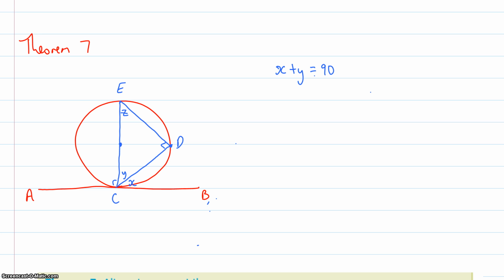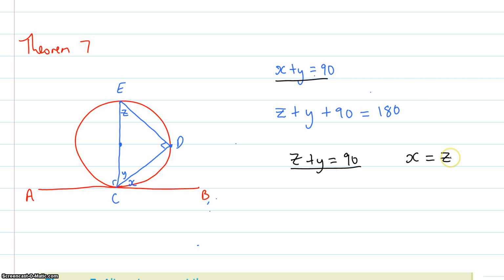Okay, now we have this triangle. We can also see that angle Z plus angle Y plus this angle here, which is 90 degrees, that is just a triangle, so that has to equal 180 degrees. So we can deduce from that that Z plus Y must equal 90 degrees. Now, if Z plus Y is 90 degrees and X plus Y equals 90 degrees, then we must conclude from this that X actually equals Z. Okay.